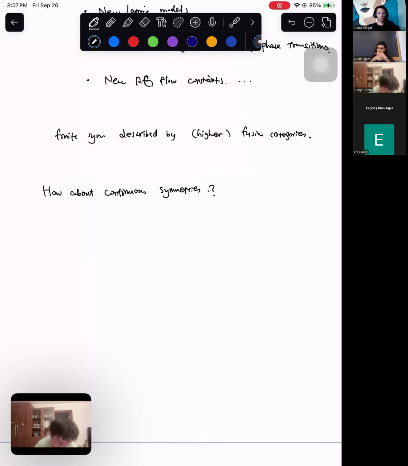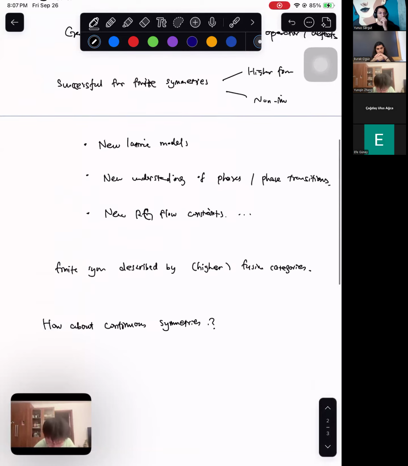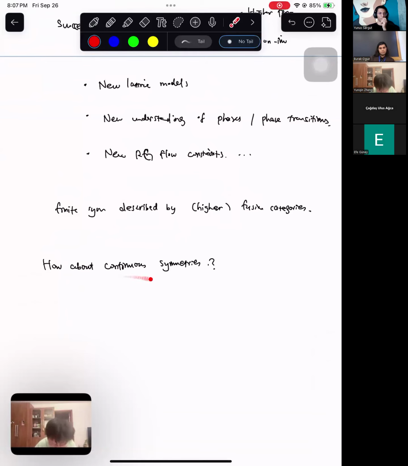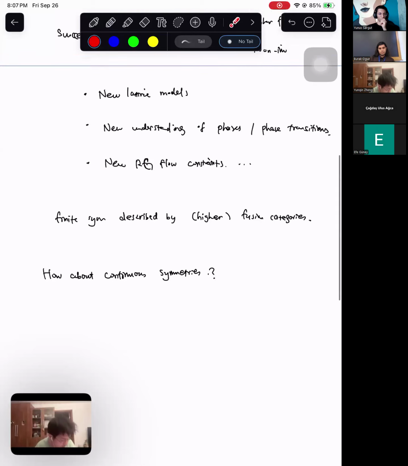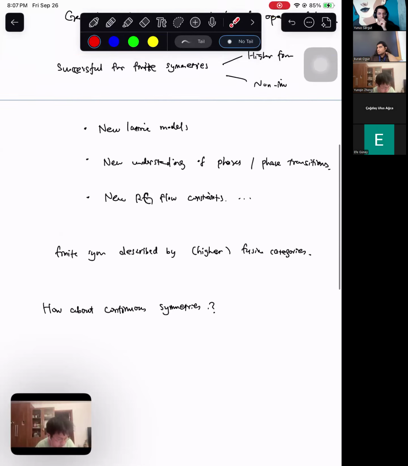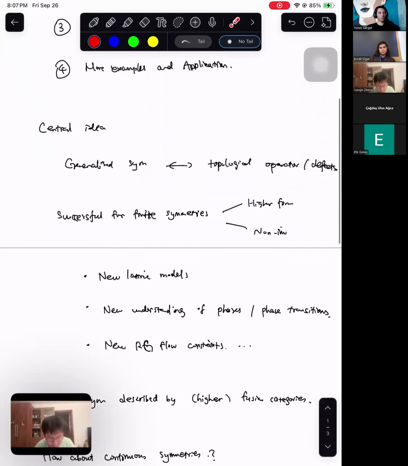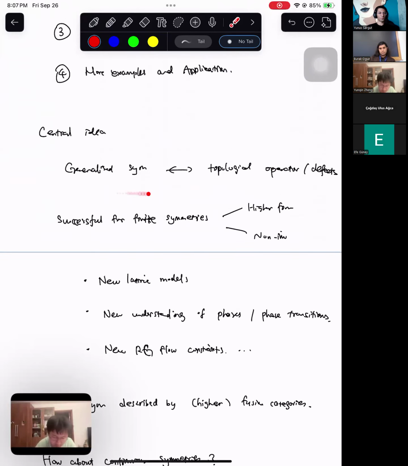And when we learned continuous symmetries, especially in quantum field theory 101, we were also taught that the continuous symmetries, well, okay, before that, let me say a few remarks. First of all, how should we think about generalizing the continuous symmetries? Well, if we follow this general philosophy, then what we need to do is just to copy this philosophy.